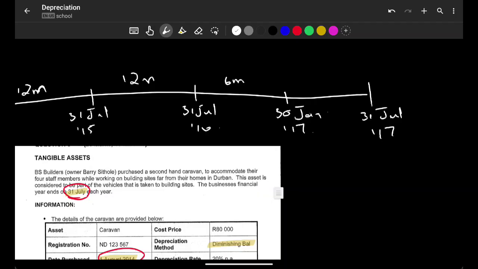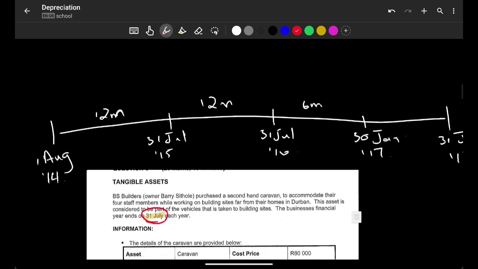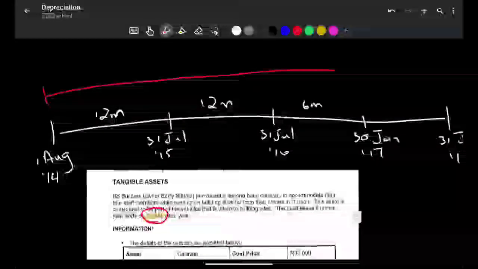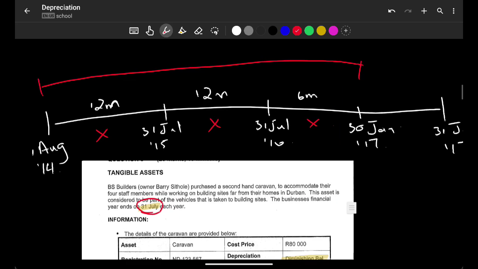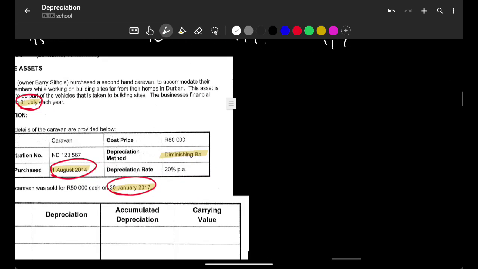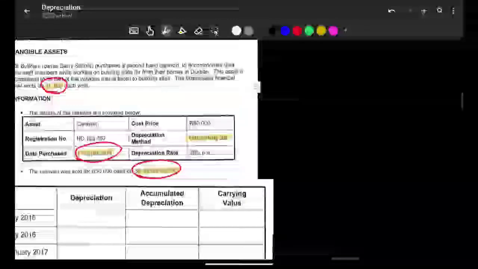This asset essentially stayed from 1 August 2014 up until 30 January 2017, and we must account for the depreciation in this year, that year, and this final 6 months, right? So getting that out of the way, we get to the fun stuff now.